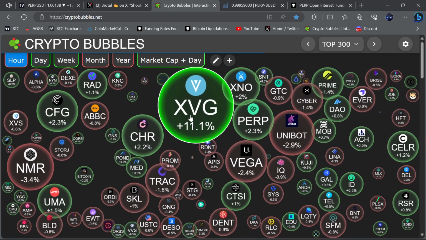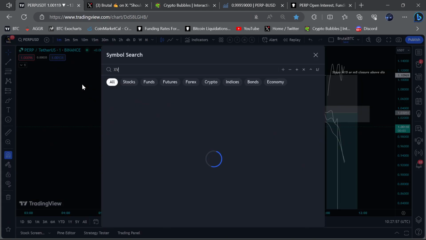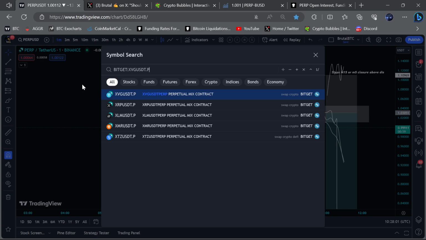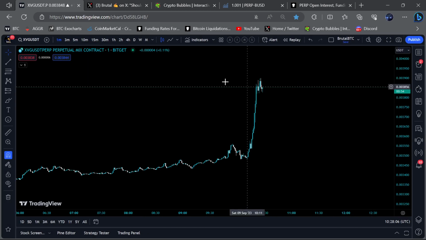We will look at the 1-hour time frame, XVG. Should we short this or long this?